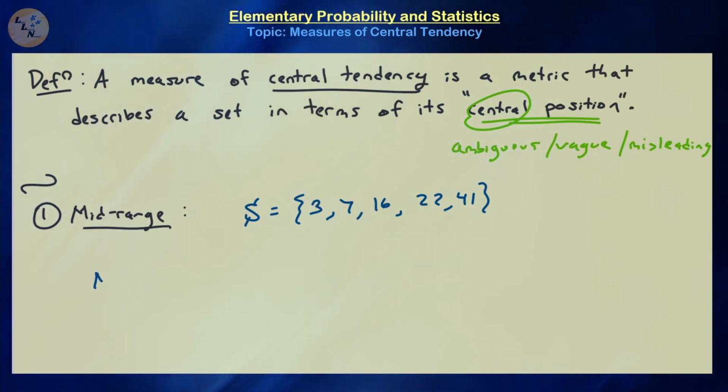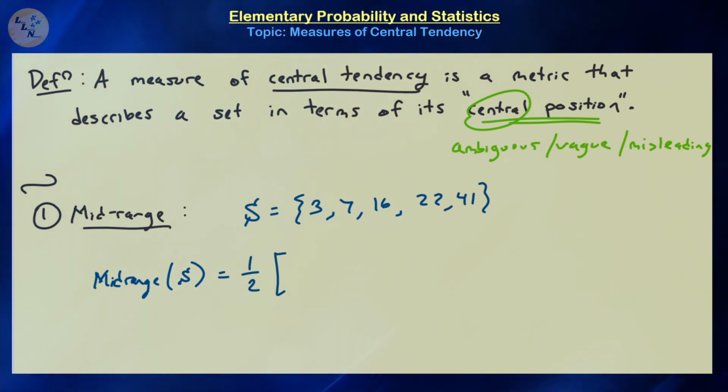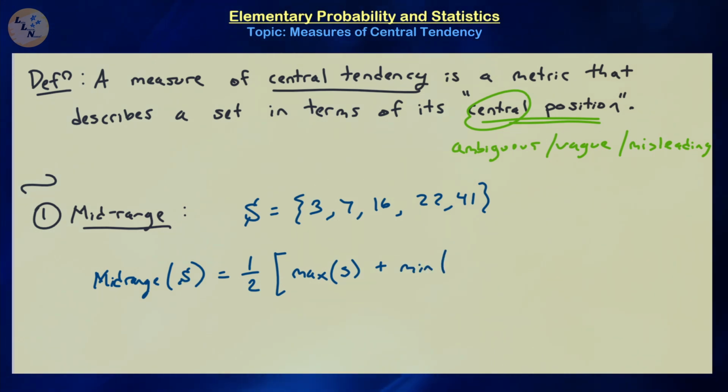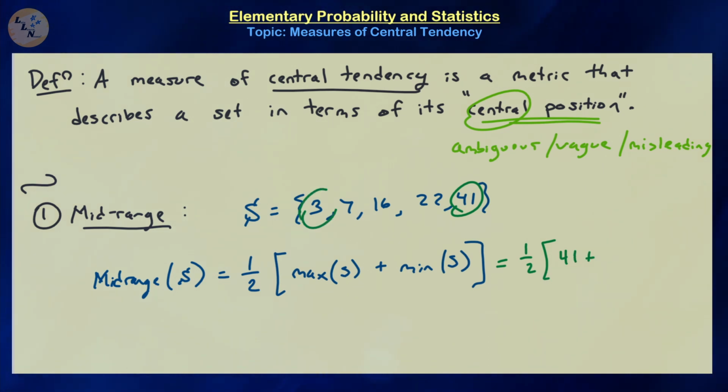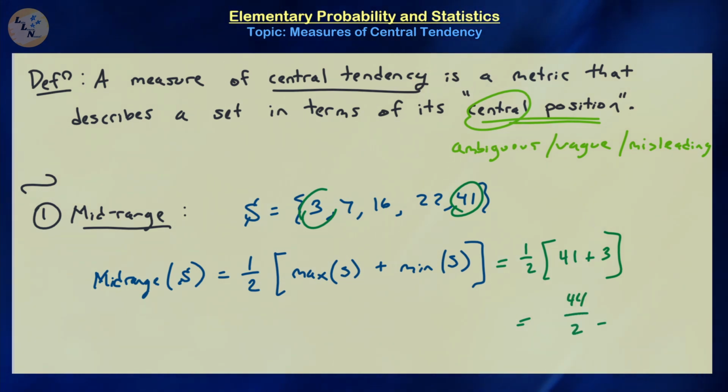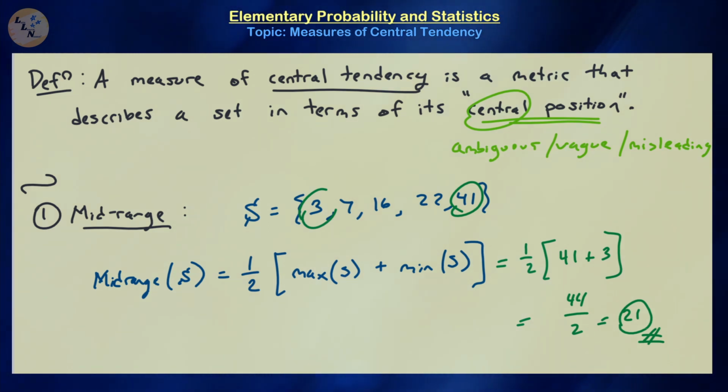The mid-range for a particular set S, which I'm going to denote as mid-range(S), is defined to be equal to half of the sum of the maximum element of S plus the minimum of S. In this example, the maximum element of S is 41, so it's 1/2 of 41 plus the minimal element, which is 3. That's 41 plus 3, which is 44, divided by 2, so this is equal to 21. This is the mid-range of our data set.